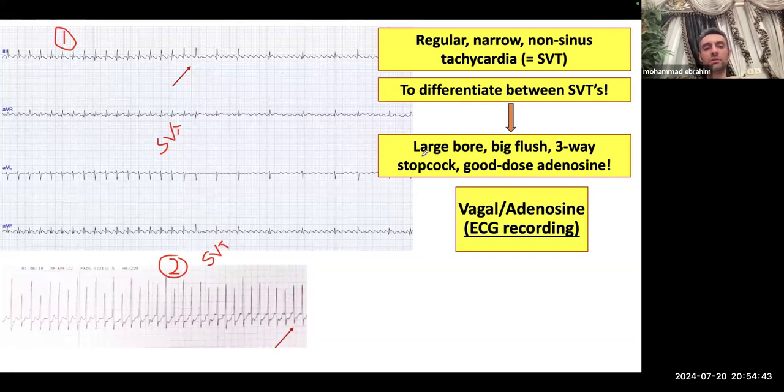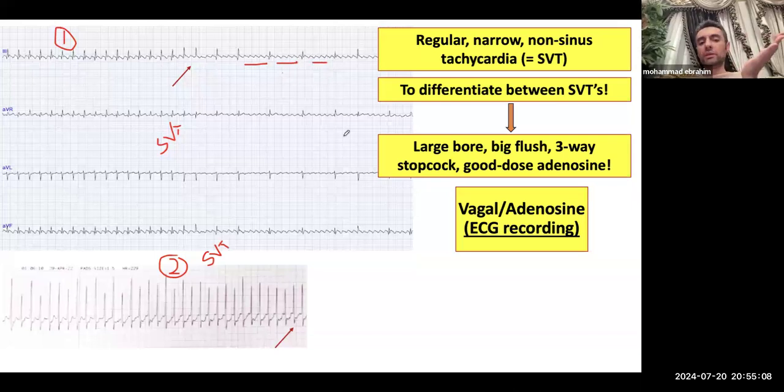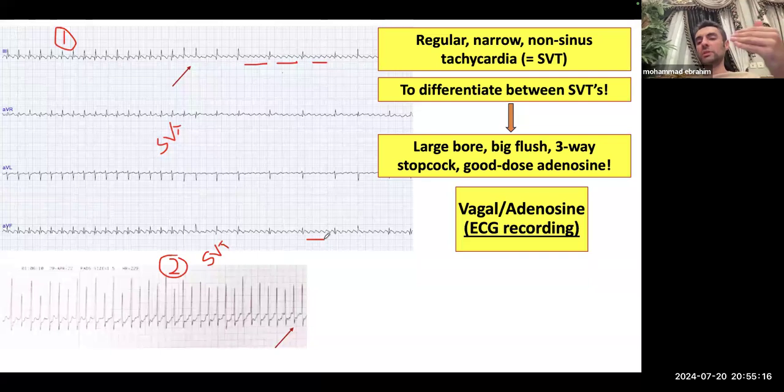Dr. Muddathir, you were trying to analyze the P waves. After the adenosine you can see a seesaw pattern. Maybe it looks like atrial flutter, with P waves between every QRS. Yes, flutter. So it was SVT, like we said: SVT could be AVRT, AVNRT or flutter.